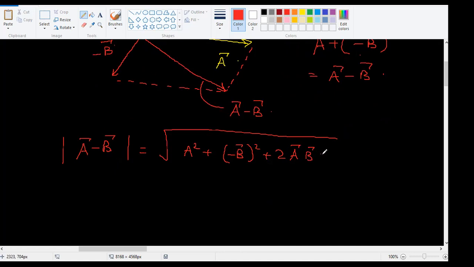Since it is magnitude, I don't have to write the vector symbol. But in place of b, I have to write minus b, right? So a minus b cos theta.